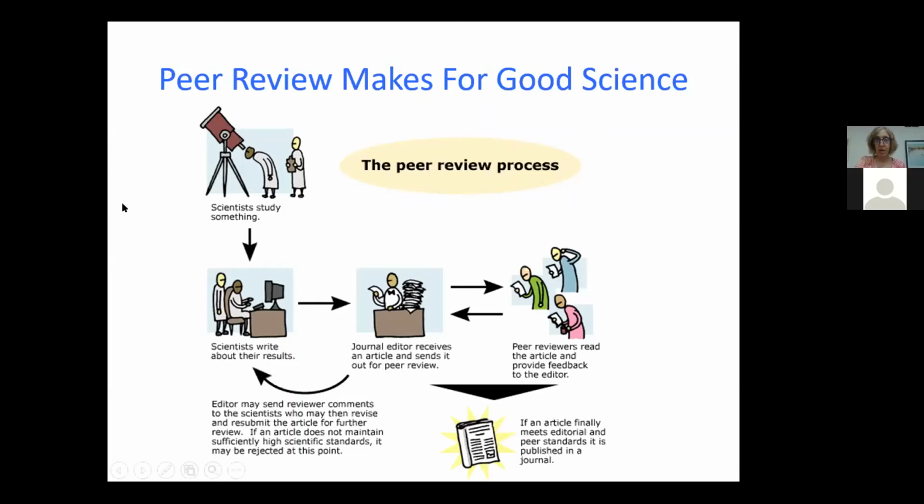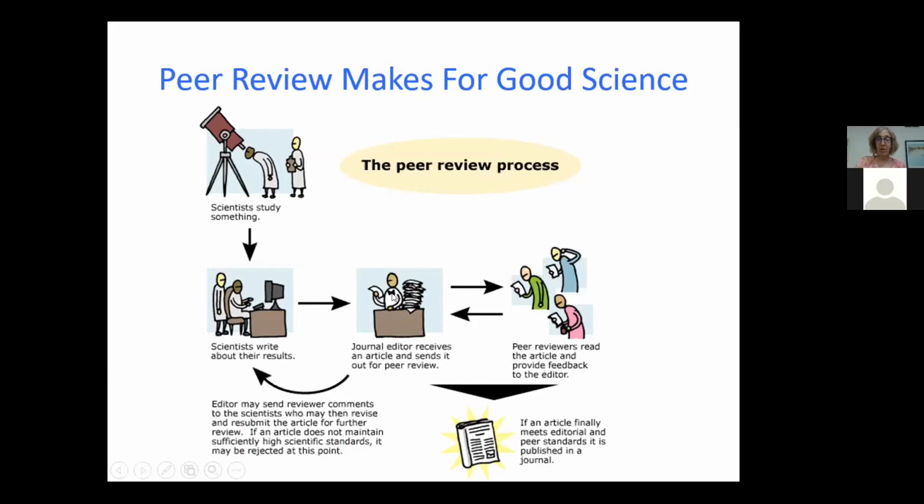You send it to the editor, and if you're lucky, the editor looks at it and thinks, oh, this looks good, this looks interesting, and sends it out to a bunch of your colleagues who will read it. These are called peer reviewers, and they will read the article and provide feedback to the editor.